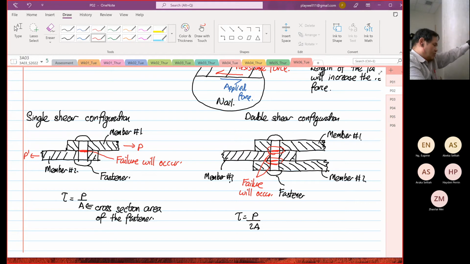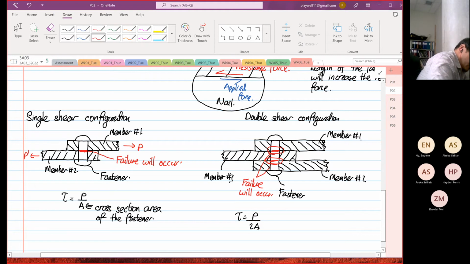Okay, in reality, no, but that is our assumption when we do our calculation. So why 2? Because we have failure at the top shear line and the bottom shear line, and A is again the cross-sectional area of the fastener.